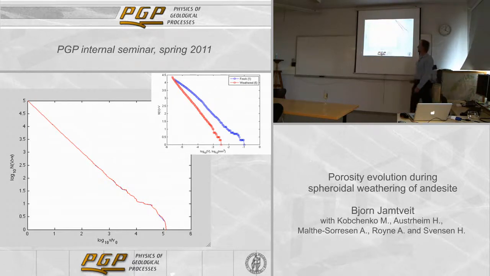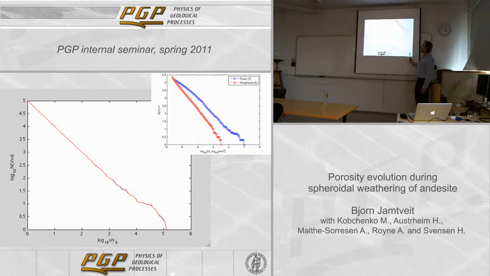So if you do a model where you look at how the slope of the cumulative distribution of pore sizes varies when you start nucleating and growing things, where nucleation is controlled by the area of the pore, you will see that the slope gets steeper because nucleation is more probable in big pores.